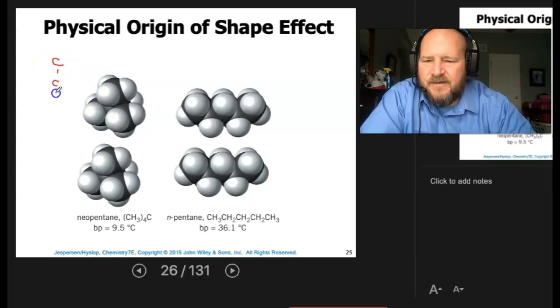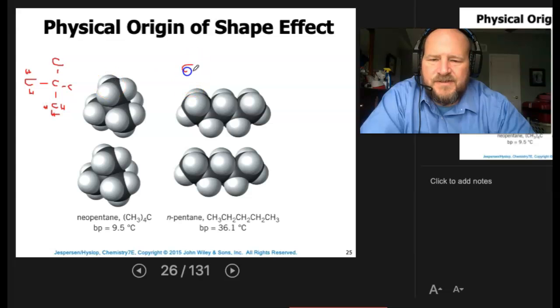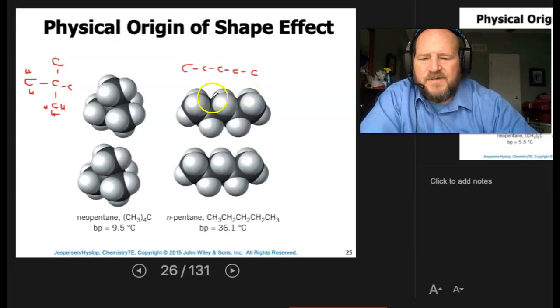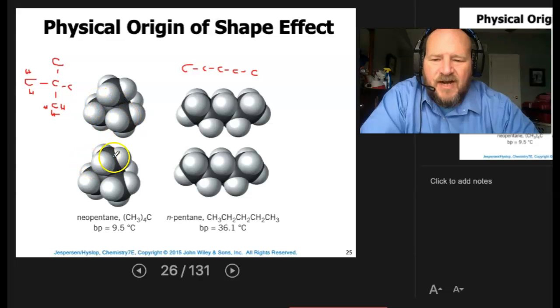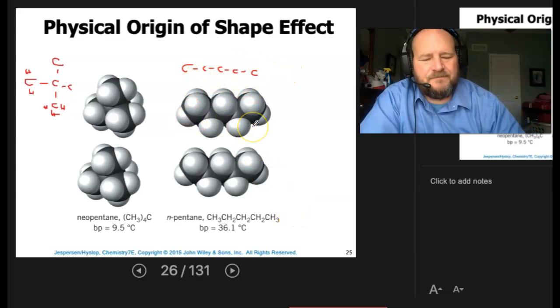Basically, neopentane has the carbons making sort of a cross, and then, of course, you have CH3, so you have some hydrogens here, versus a straight chain. What we're saying here is that because you have less space for the neopentane to interact with another neopentane, we see a decrease in that boiling point. Not by a lot, but enough to make a difference. Because you have a long chain, it's easier for this to interact.